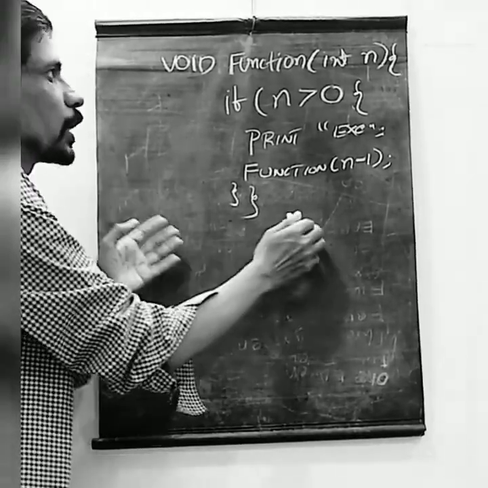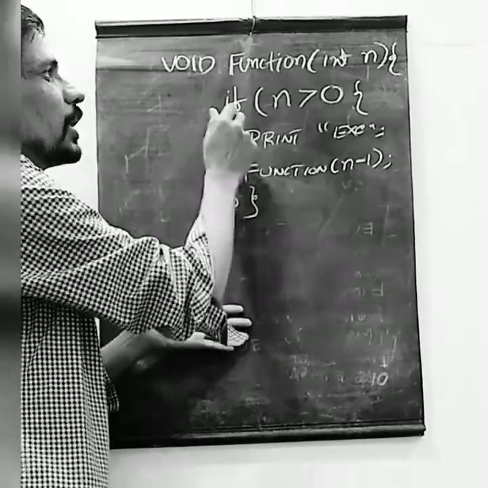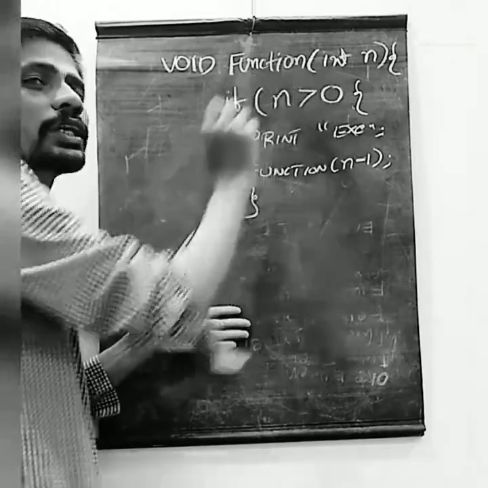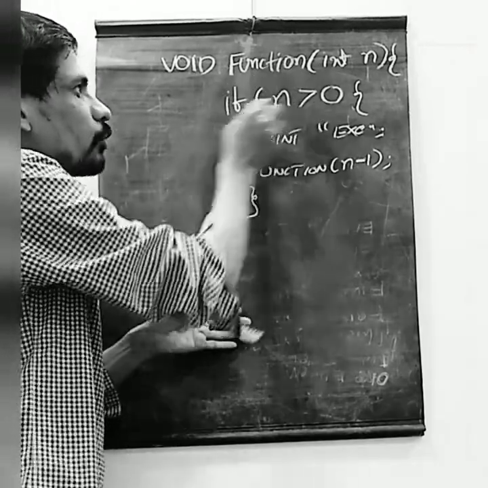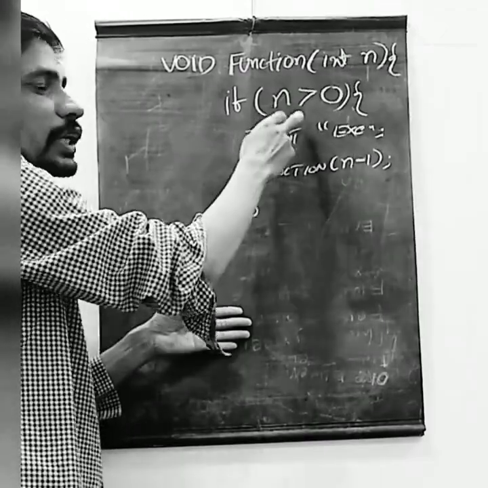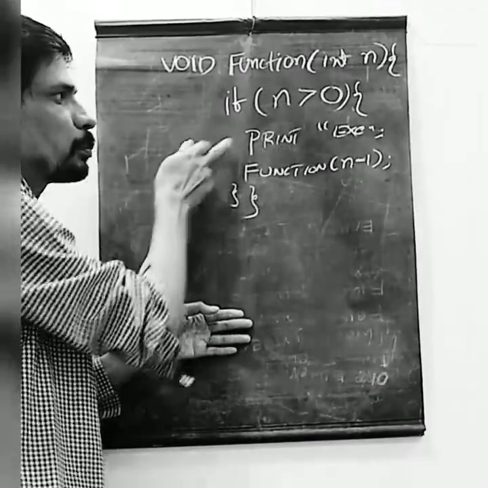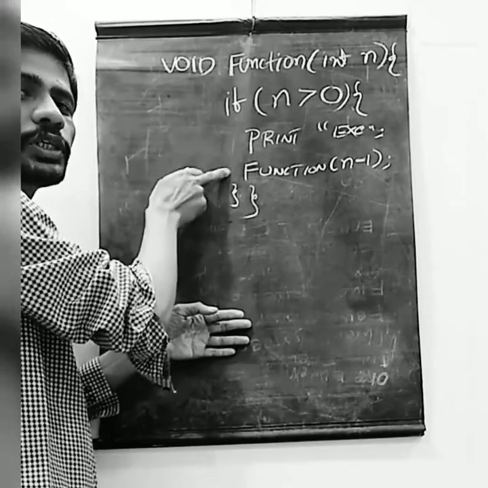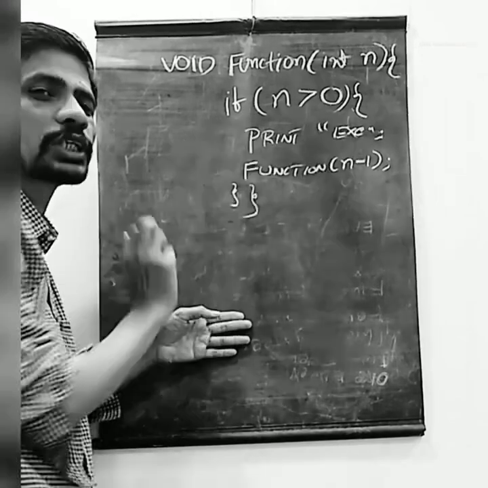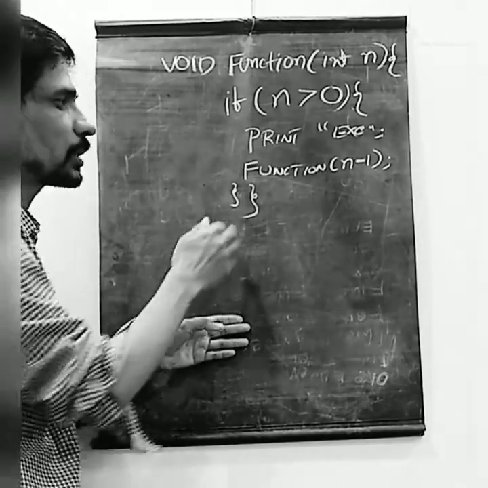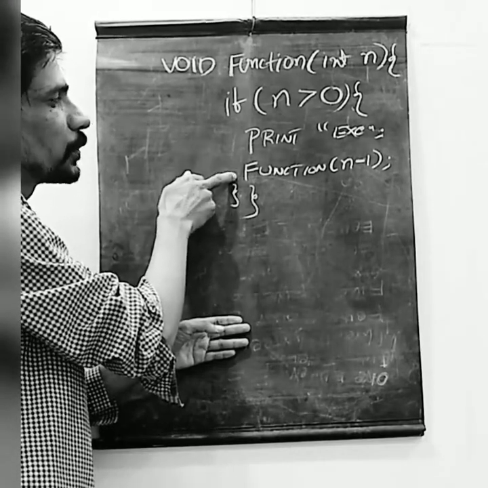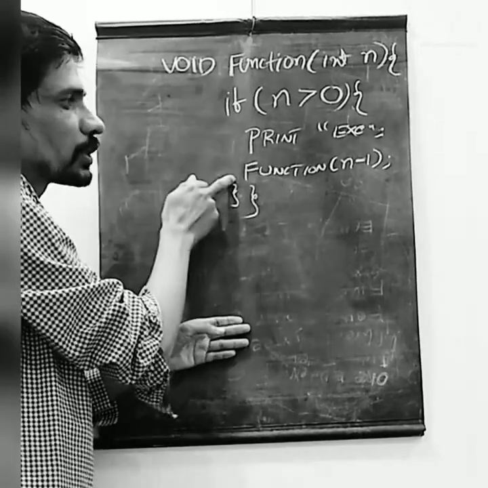Now if you clearly observe, we are passing n as an integer input parameter, and we have one predefined condition: if n is greater than 0, execute these two instructions. The first instruction prints some string value, and after that we call the same function.